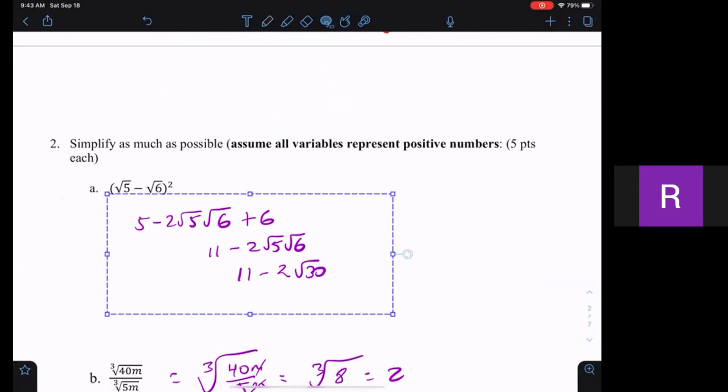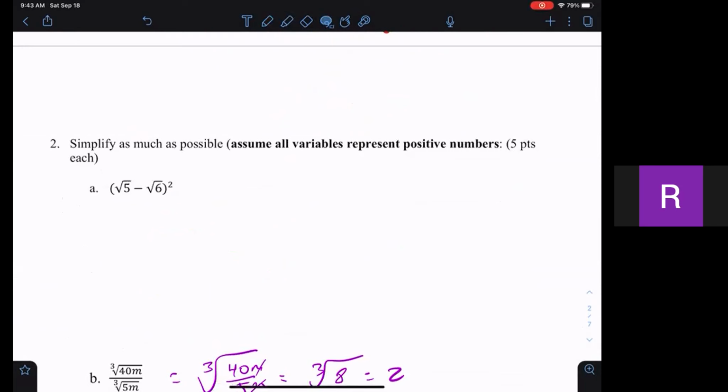Okay, very easy. This one, you can do many ways. I'm going to do the way that is easy for me. This is a binomial square, so this is (a minus b) squared, the expansion: a squared minus 2ab plus b squared. That's what I'm going to use. So this is going to be 5, minus 2 root 5 root 6, plus 6.